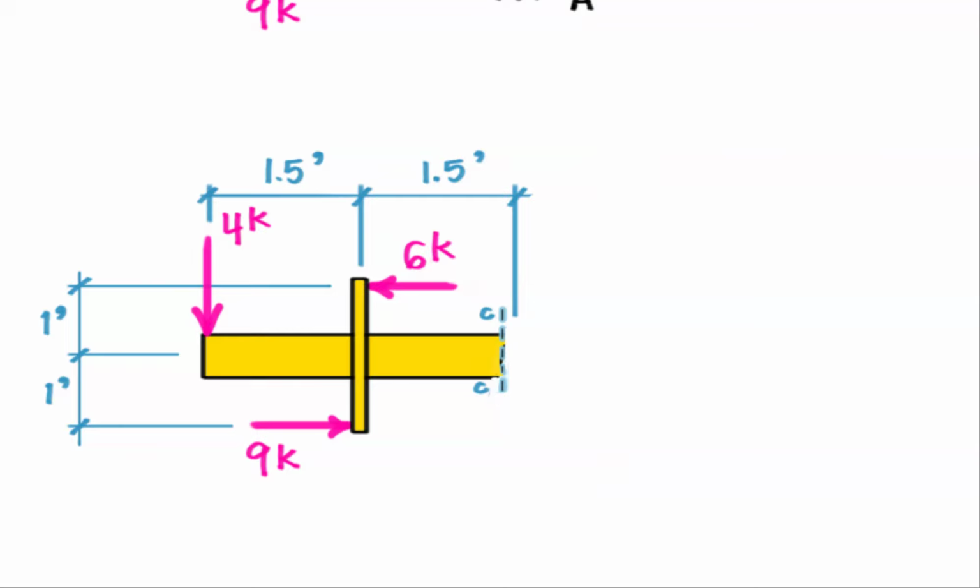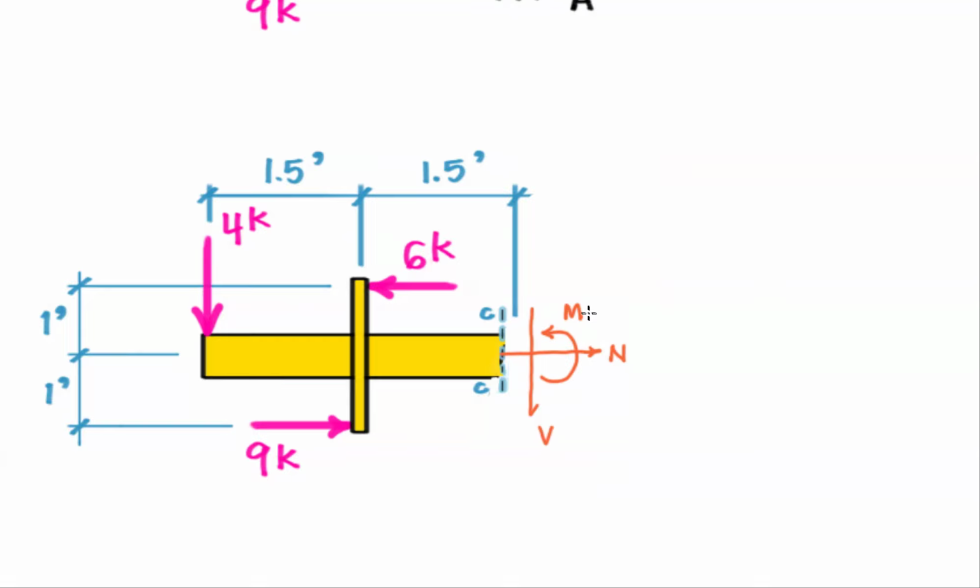So all I need to do here is introduce my internals. So internal normal force, positive tension, arrow away from the body, positive shear force down on this plane. So that's my positive internal shear force and my positive internal bending moment on this plane is counterclockwise.